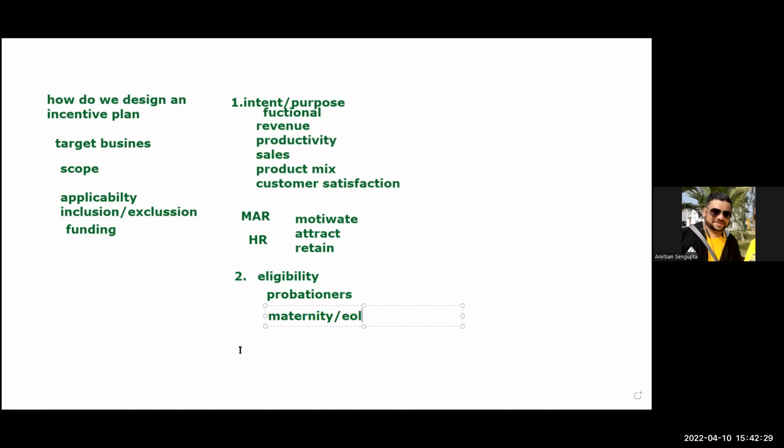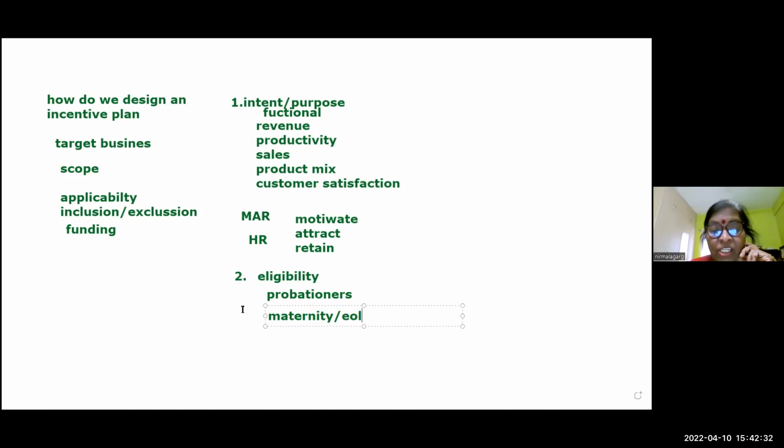That kind of a thing. So all those things, scope of the project, eligibility, who are the people. Applicability also can become part of that. So you can get all this in scope, then applicability, inclusion, exclusion, etc.